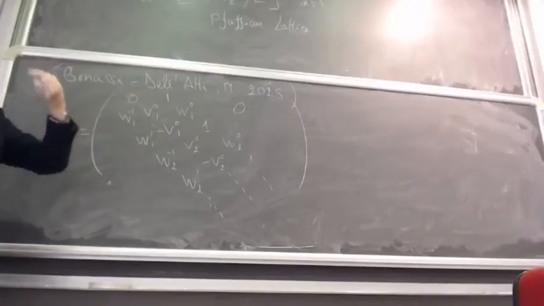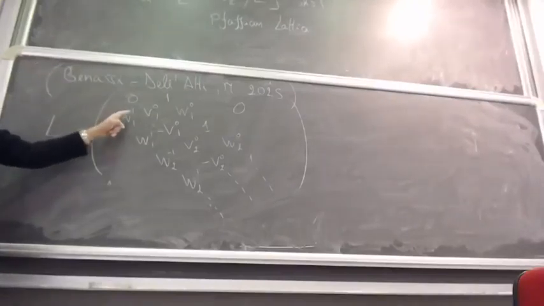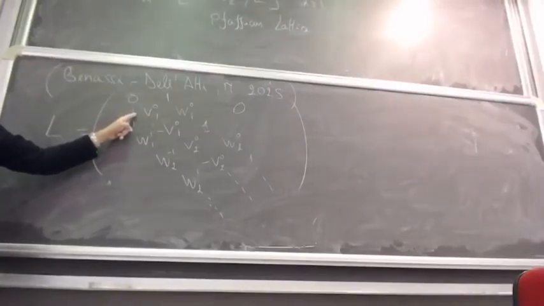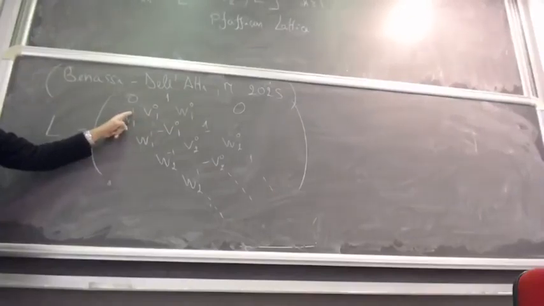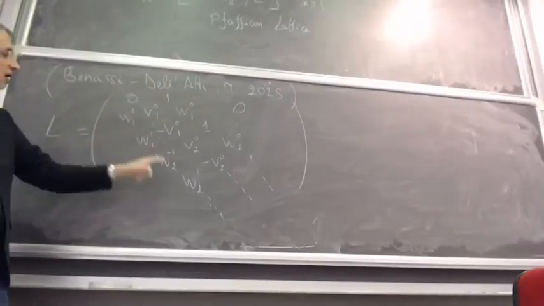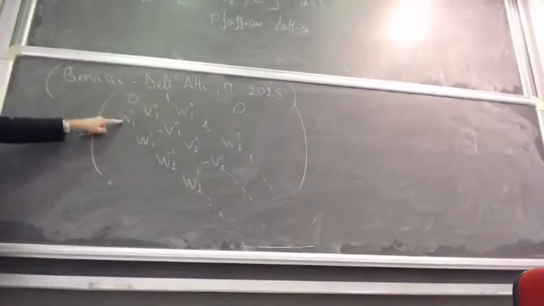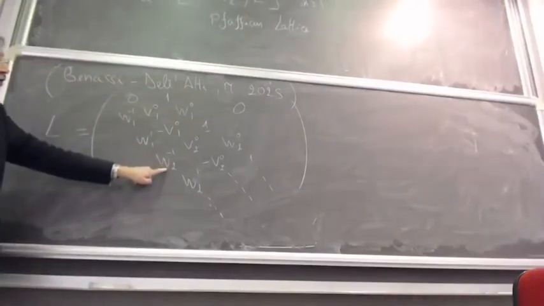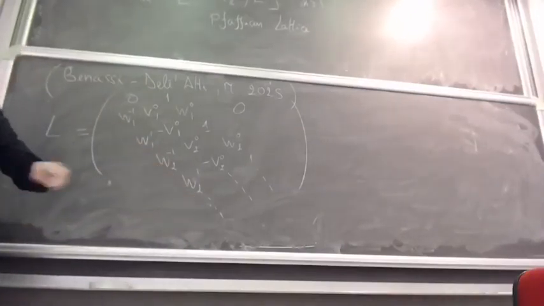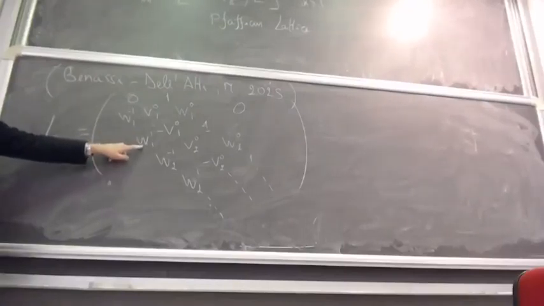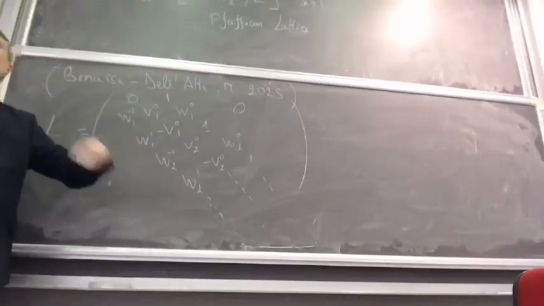So the first lower diagonal has upper index plus 1 or minus 1. Minus 1 corresponds to the odd positions, and plus 1 to the even positions. So essentially W minus 1, 1, W minus 1, 2, and so on are alike, as well as W1, 1, W1, 2, and so on are also alike.